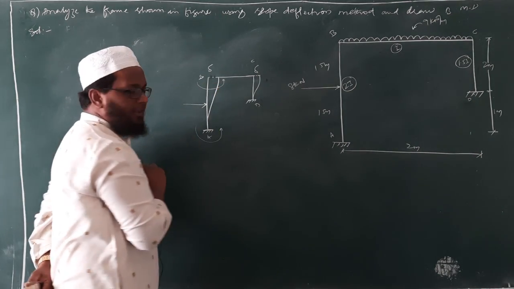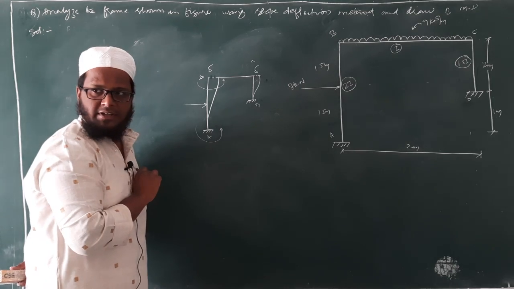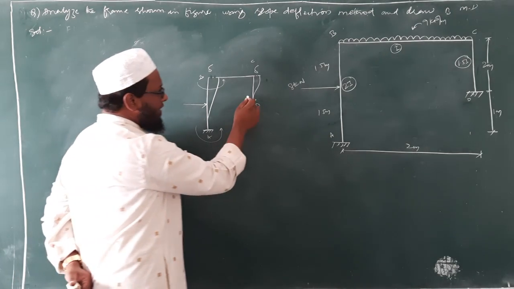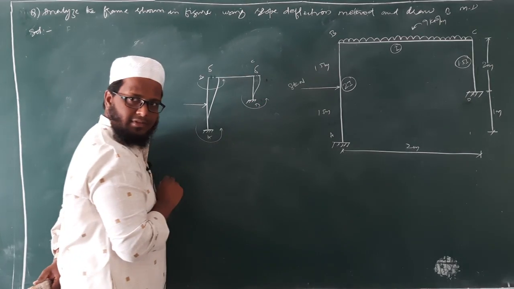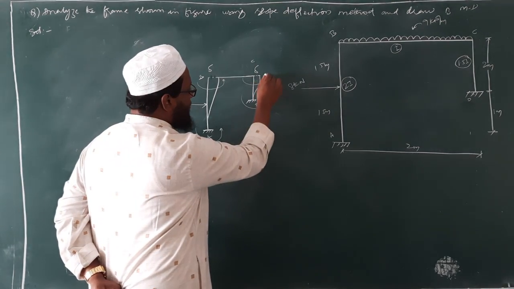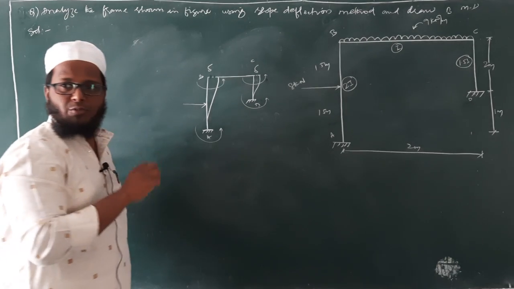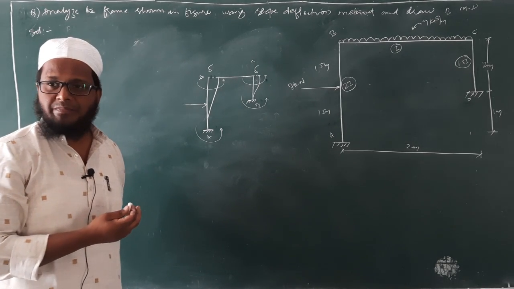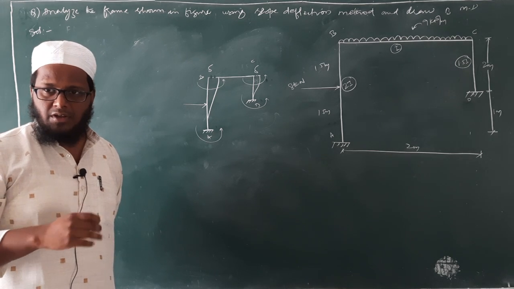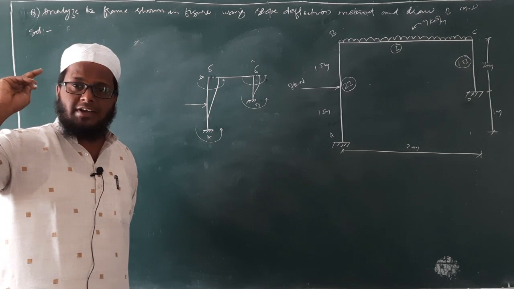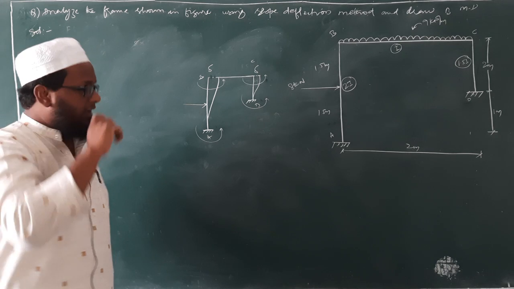Here also you will be having anti-clockwise moment, isn't it? Along with that, what about member CD? Here also we will be having anti-clockwise moment. Extra moment. What is that extra moment? 6EI delta by L square. How we got 6EI delta by L square? In our equation. I will write down the equation.